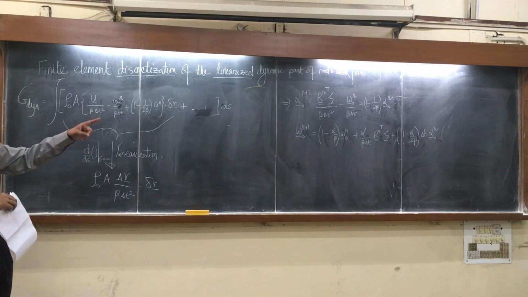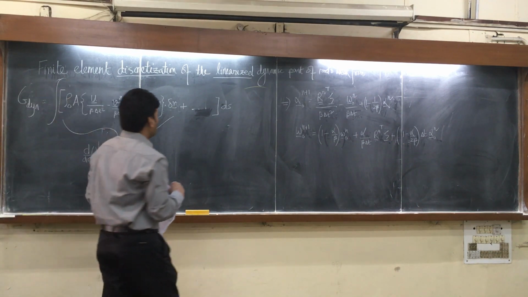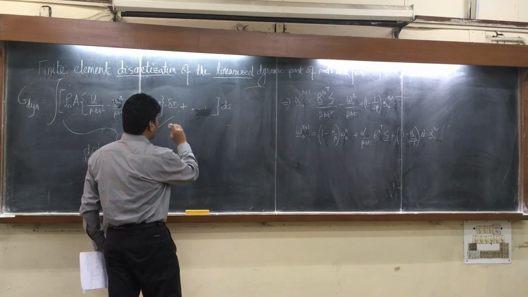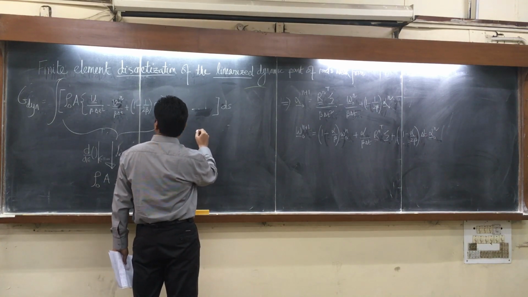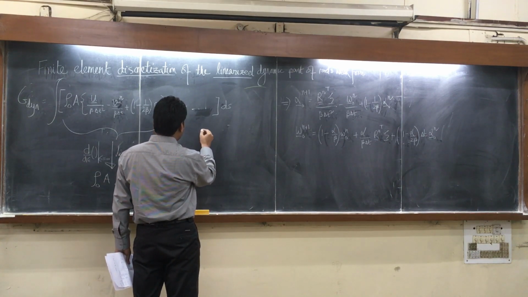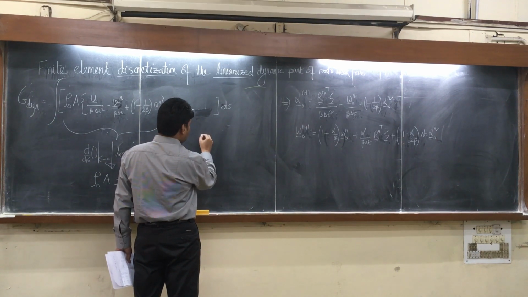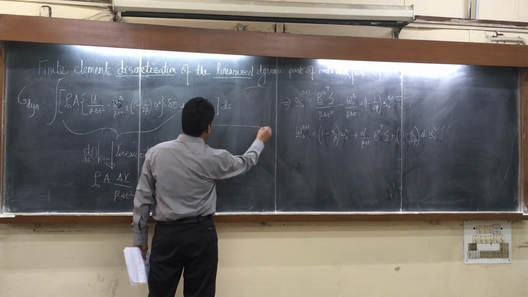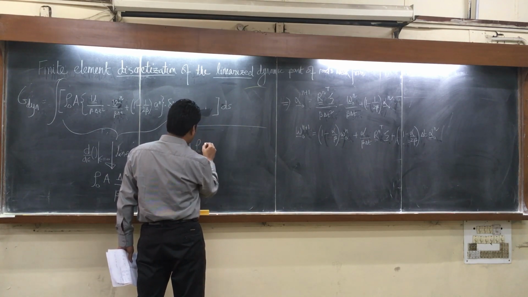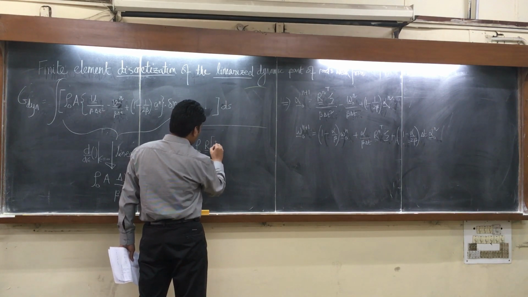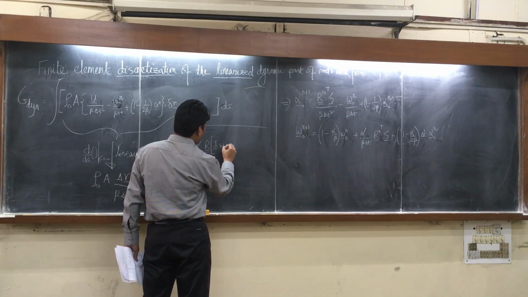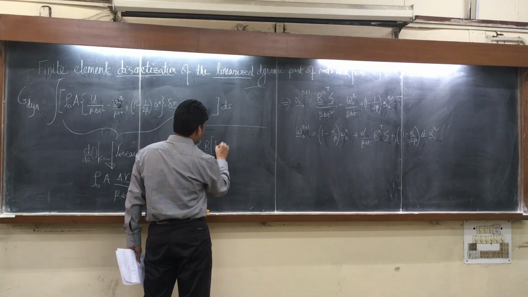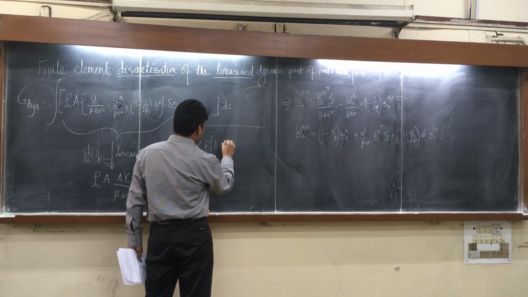The next thing is really, really tricky. Let's look at one of them, the acceleration. Why don't I write the whole thing? So we have rho naught r I alpha naught at n plus 1.